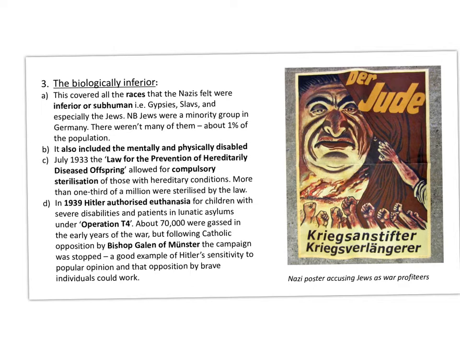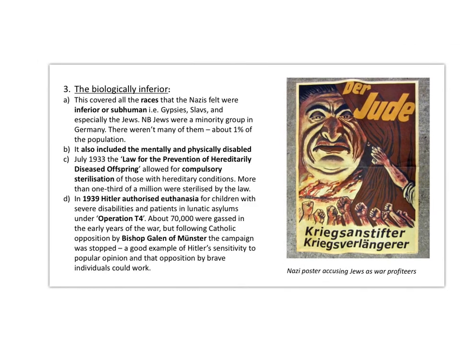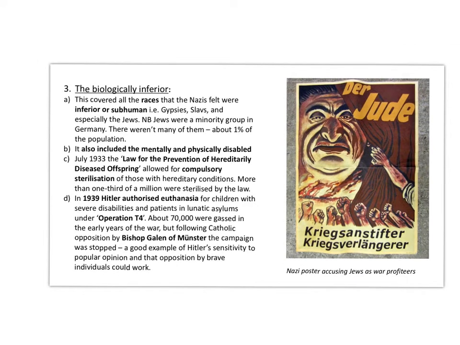But this third category of outsider would have covered the Jews specifically, because in Hitler's view, remember Hitler was a racist, and he defined Germanness not by culture or history, tradition, language, the usual ways in which we define nationality.